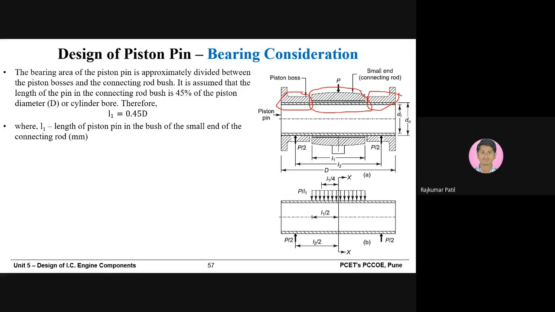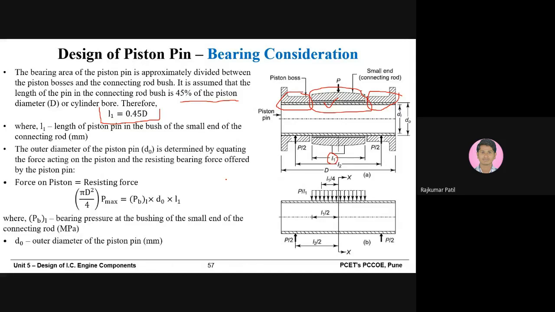So we need to segregate these two areas, and generally it is assumed that the length of the pin in the connecting rod bush here is 45% of the piston diameter or cylinder bore, and that is L1, which is 0.45 times the diameter. So here you can see L1. For this length, the piston pin is in contact with the connecting rod.